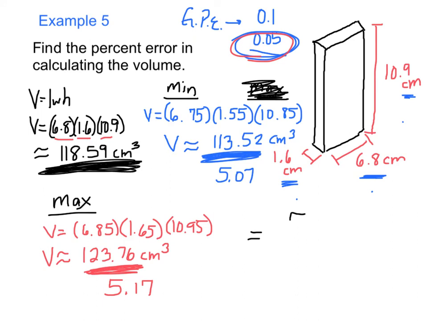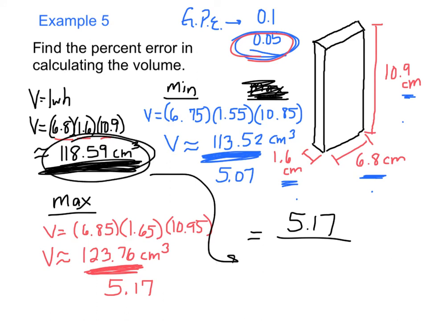Your greatest possible error is 5.17 divided by what the actual measurement was. The actual measurement goes on the bottom. We divide, and that gives us approximately 0.043, which is approximately a 4% error. So when finding the volume of this, you have an approximate 4% error.